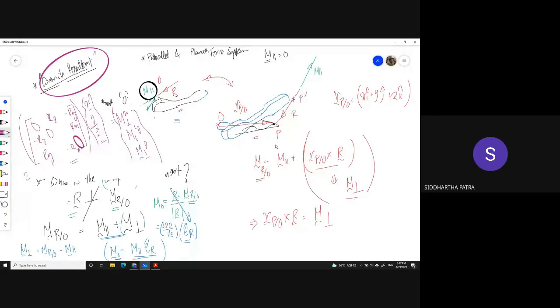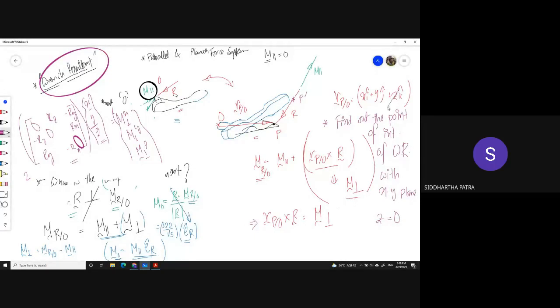So the valid question would be to find out the point of intersection of the range resultant with the xy plane, which basically means the equation of the plane, the equation of the xy plane, is z equals 0.